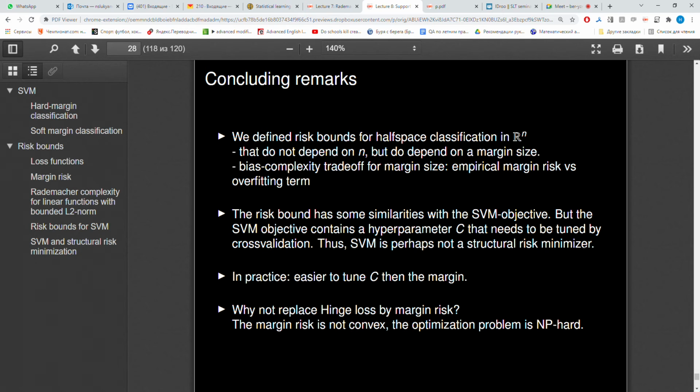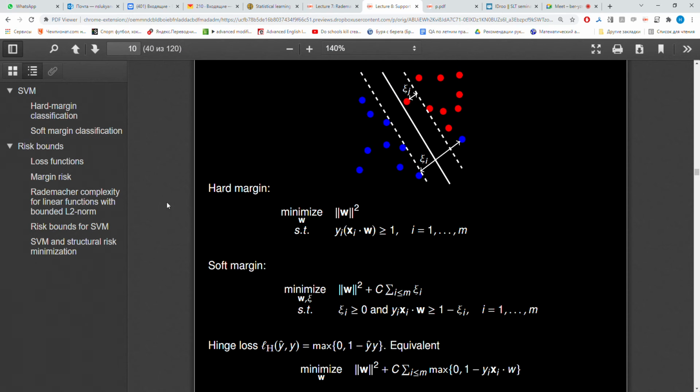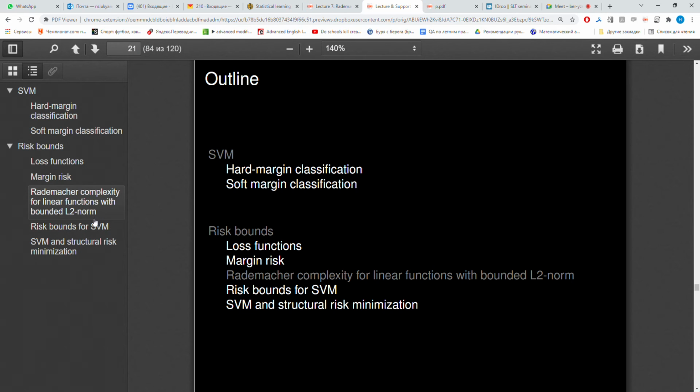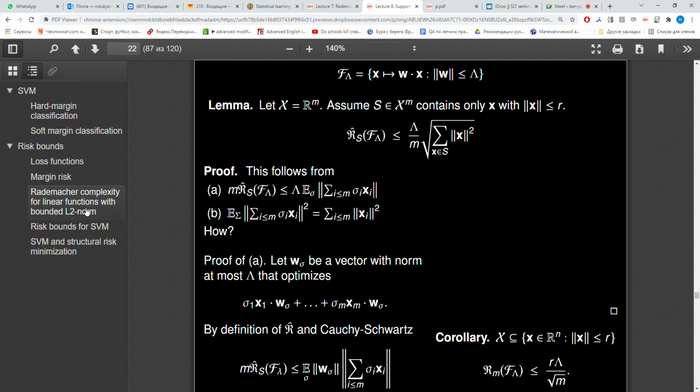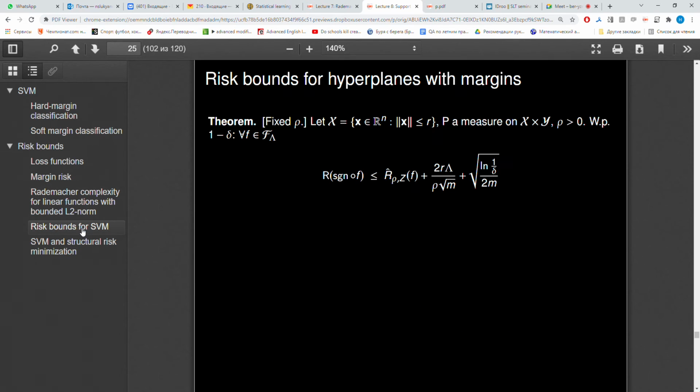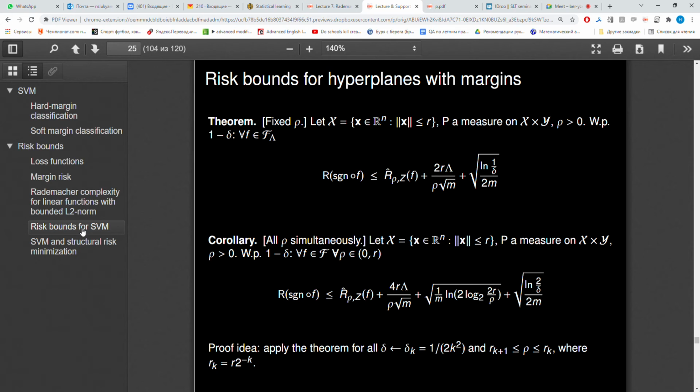It's also worth mentioning that it's easier to tune the value of C. If you remember, that was the parameter dedicated to the overfitting terms. I'm not sure it was pleasant to listen to, but I hope it was useful for you.